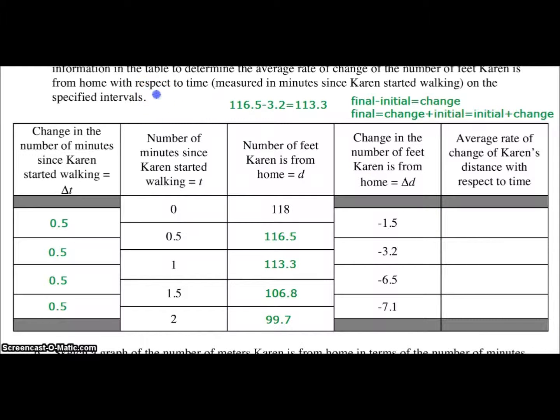I'm just going to write that over here. So we just need negative 1.5 divided by 0.5 gives us negative 3. Then change in distance over change in time, negative 3.2 divided by 0.5, it's negative 6.4.